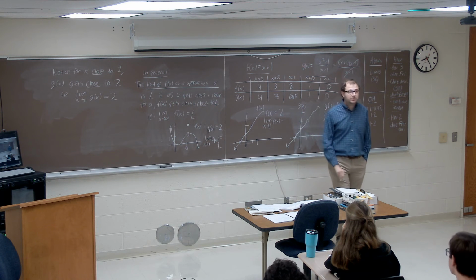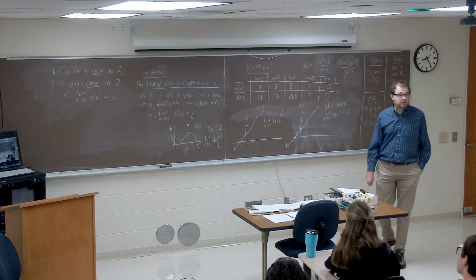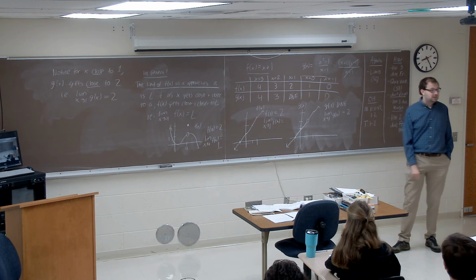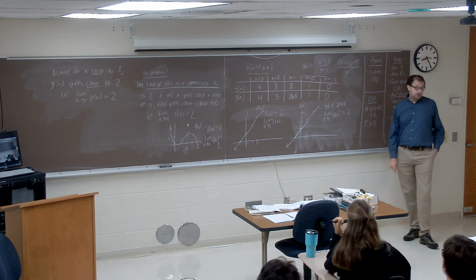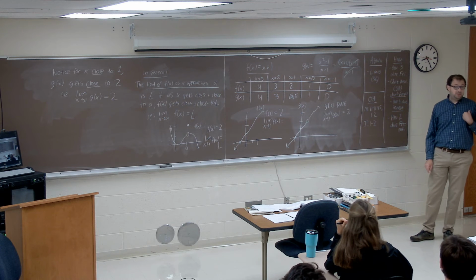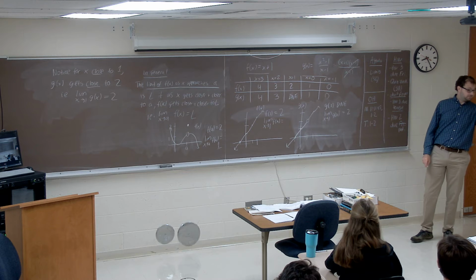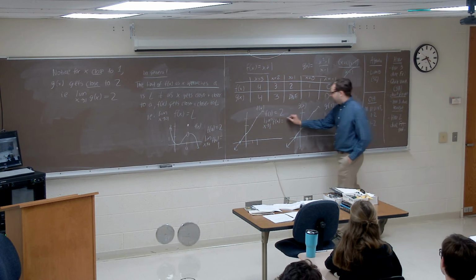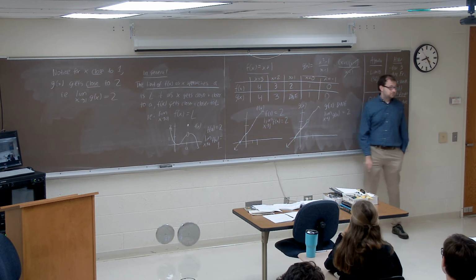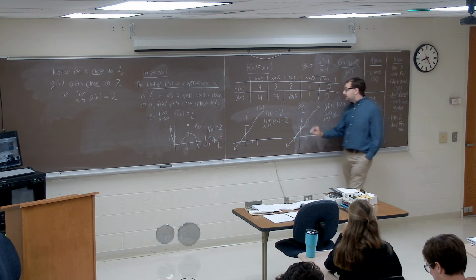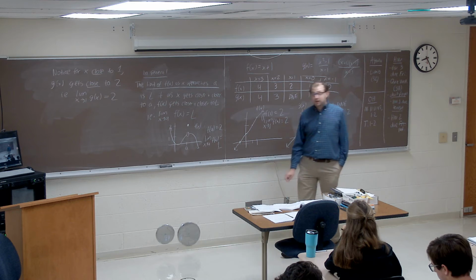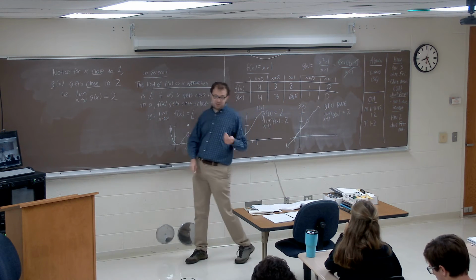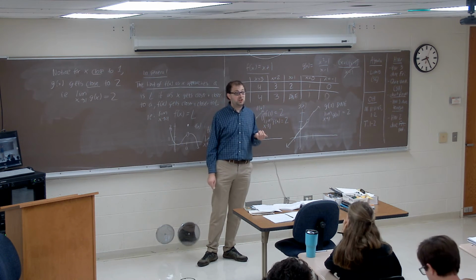What would happen if we took a limit as x gets closer and closer to 1 of f of x? I mean, if we looked at values of x that are really close to 1, what are the outputs going to be really close to? 2. Yeah. Also 2. In this case, these 2 values ended up being the same. If you plug in values of x that are close to 1, you get outputs that are really close to 2.